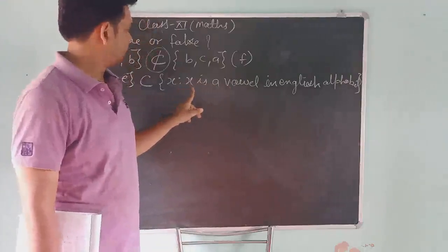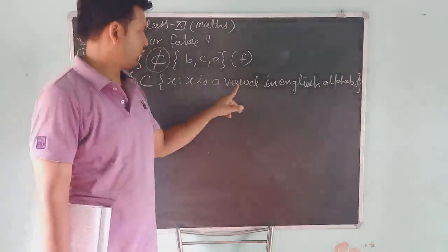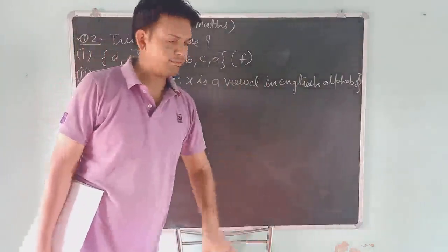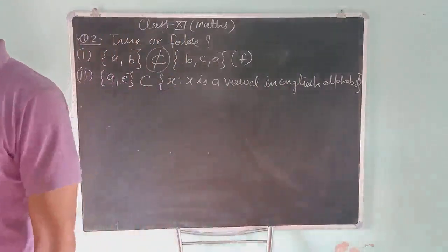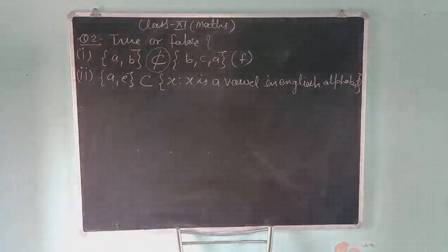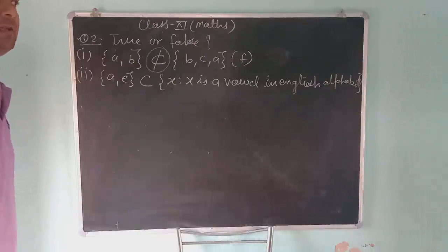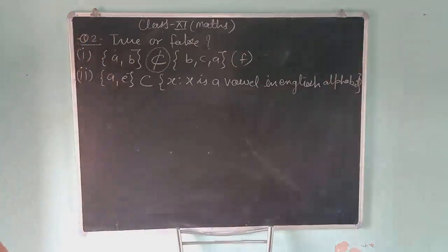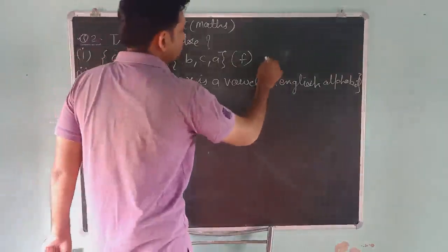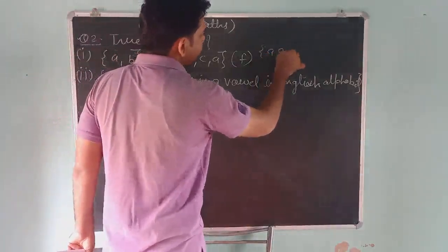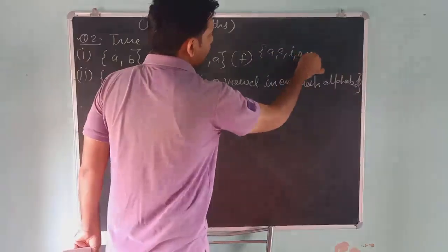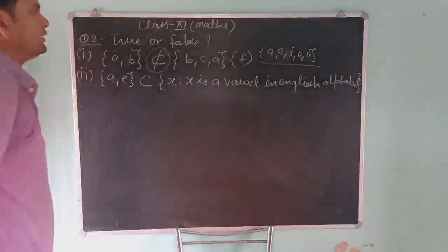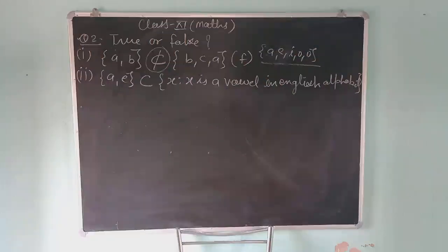You know that there are 5 vowels in the English alphabet, and these are A, E, I, O, U.